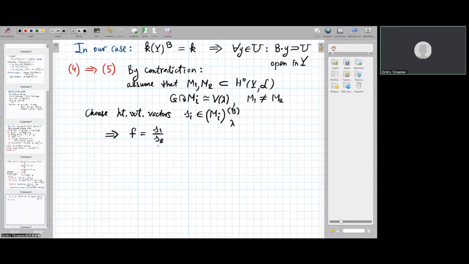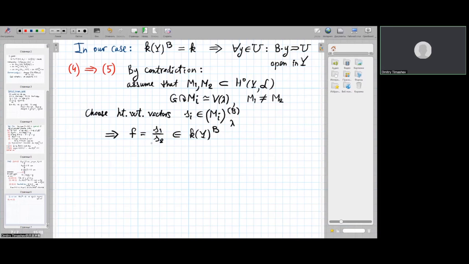The ratio of two sections of a line bundle is already a function, a scalar valued function. And this function is B invariant. Because when you act by B, the numerator and denominator of this fraction are multiplied by one and the same character. And these two multiples cancel when you divide the numerator by the denominator.